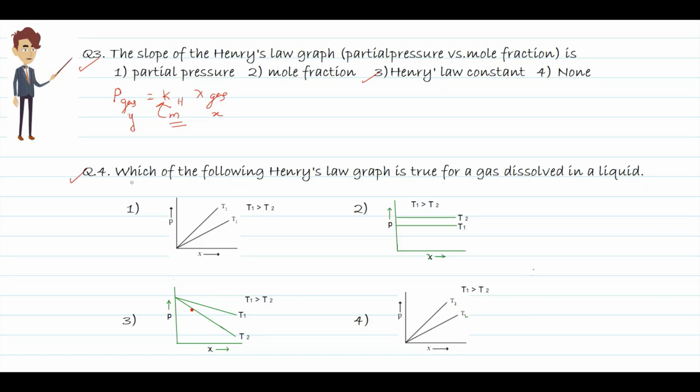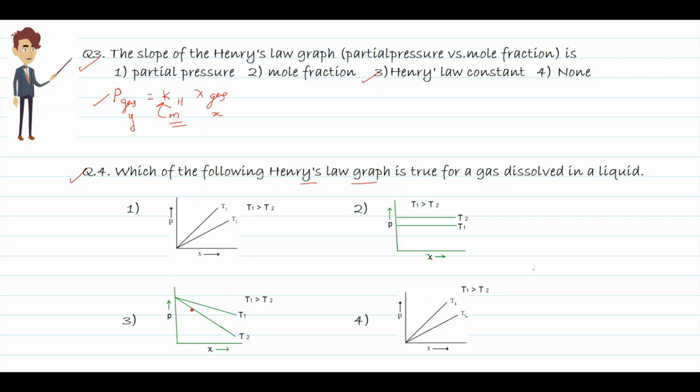Coming to question 4. Which of the following Henry's law graphs is true for a gas dissolved in a liquid? The question is about Henry's law graphs. We can draw Henry's law graphs by using the Henry's law equation, which I have written here for explaining question 3.